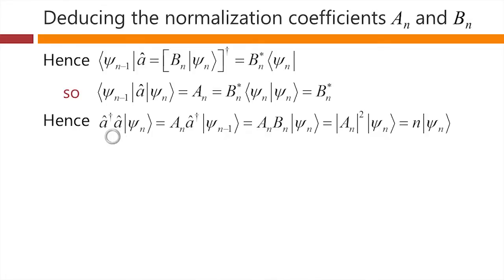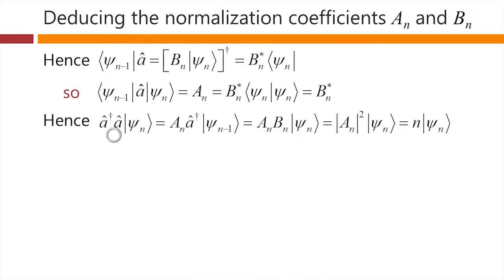Hence, A dagger A operating on psi n, which of course is just an A dagger operating on psi n minus 1. Well, this, of course, is Bn psi n, so this whole expression here is an Bn psi n. But Bn is an star from this relation here. So this is mod squared of an.